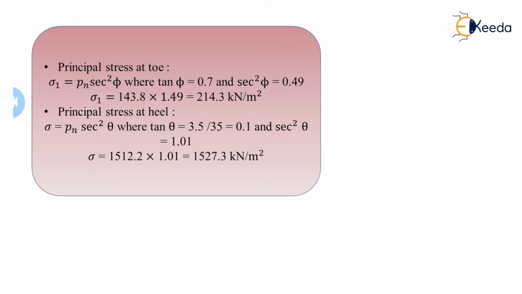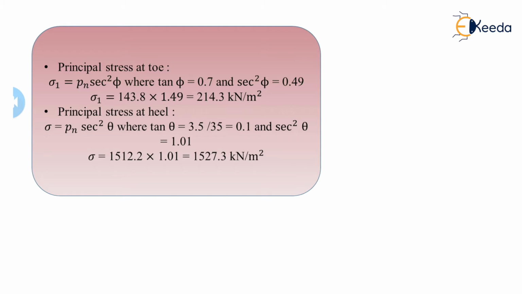You can do this calculation on a calculator also. Sec square phi is 1.49; 0.49 was wrong, it's 1.49. Substitute the value of sec square phi here, and the sigma 1 value will be 214.3 kilonewton per meter square.